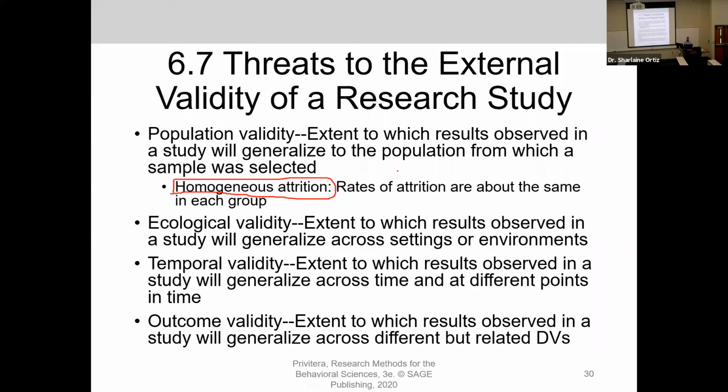That's why I keep repeating them, of course. We also have ecological validity. This is when we are trying to see the extent to which the study result will extend across several types of settings or environments.